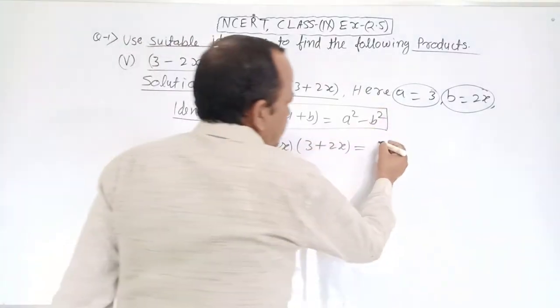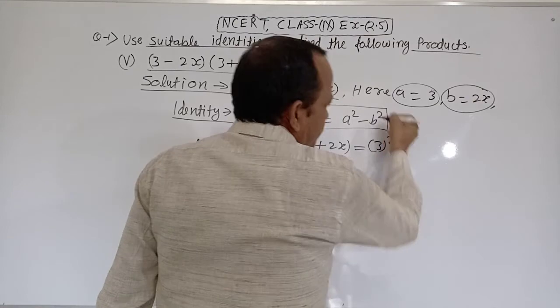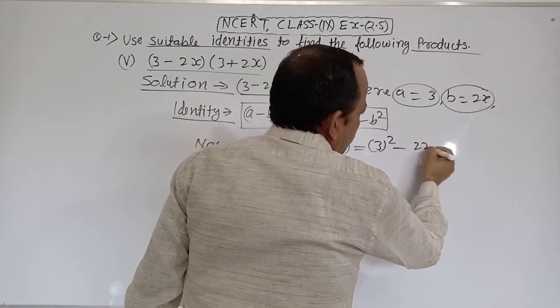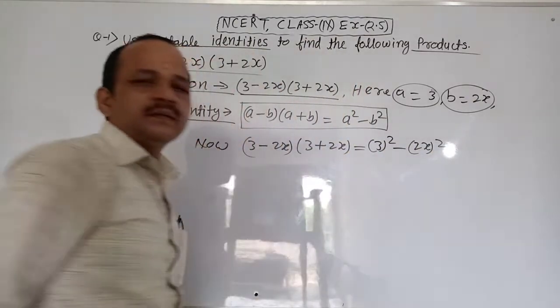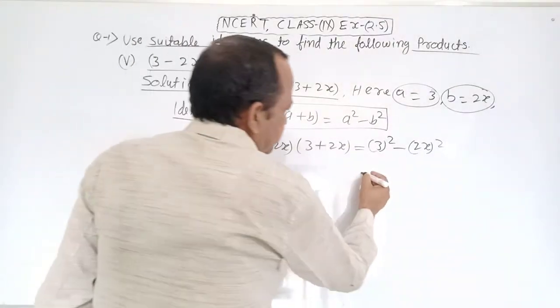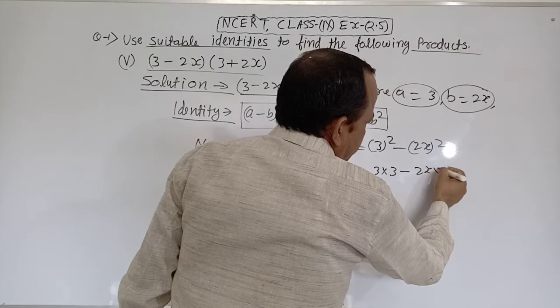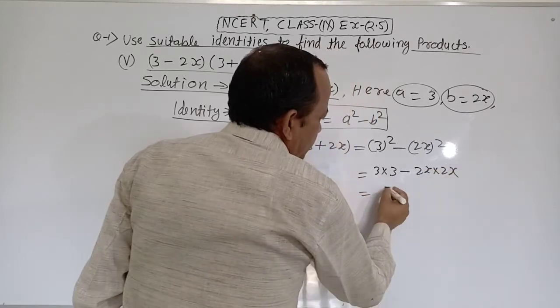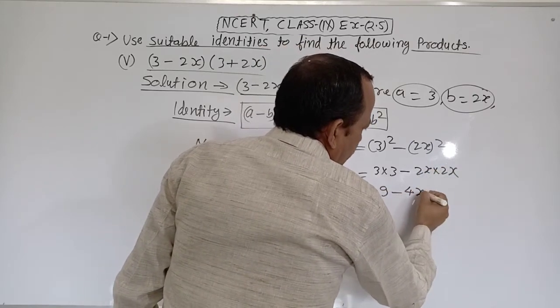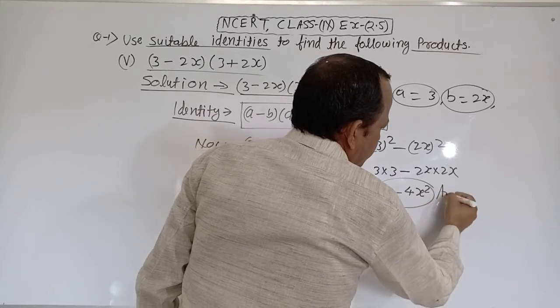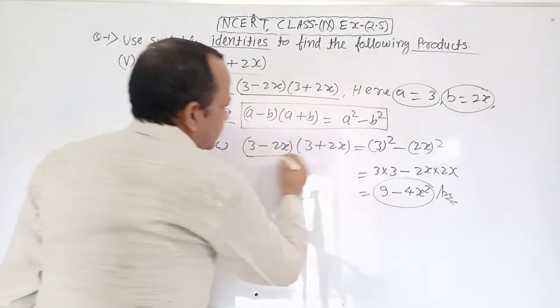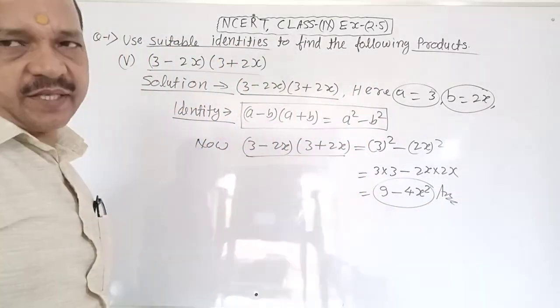A means 3 square, b square means (2x) square. It is clear? It becomes 3 multiply 3 minus 2x multiply 2x. It becomes 9 minus 4x square. Answer: you find 9 minus 4x square.